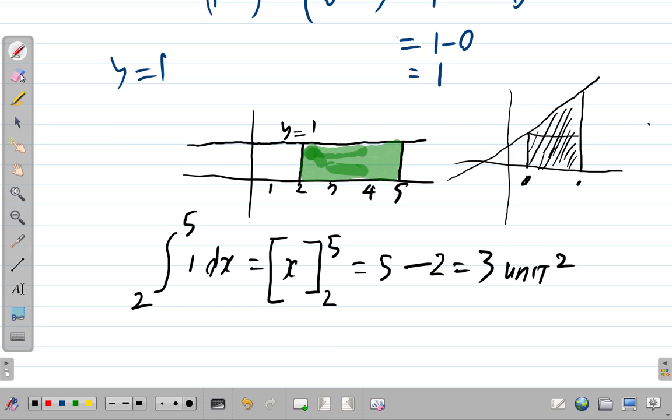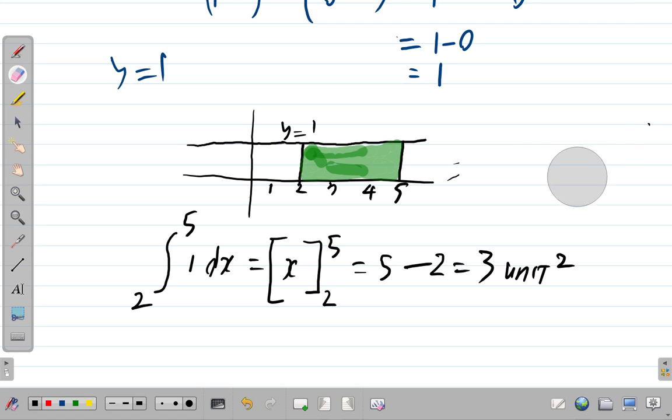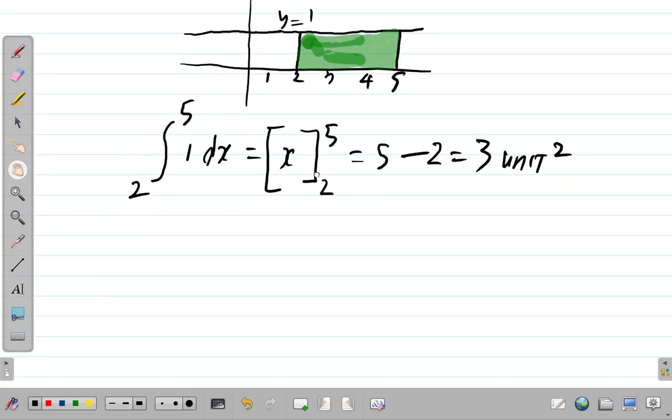But where you would not really be able to use simpler calculations to get an accurate value would be a situation like this.